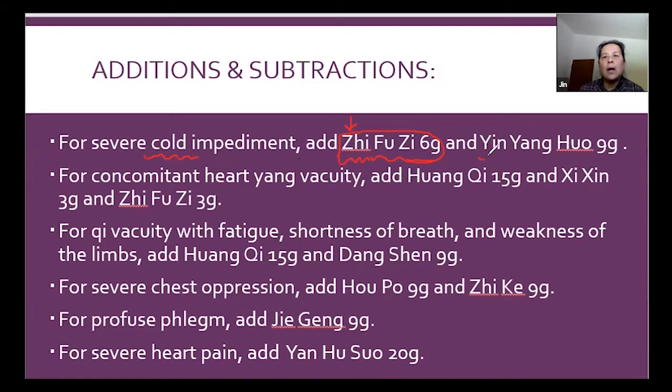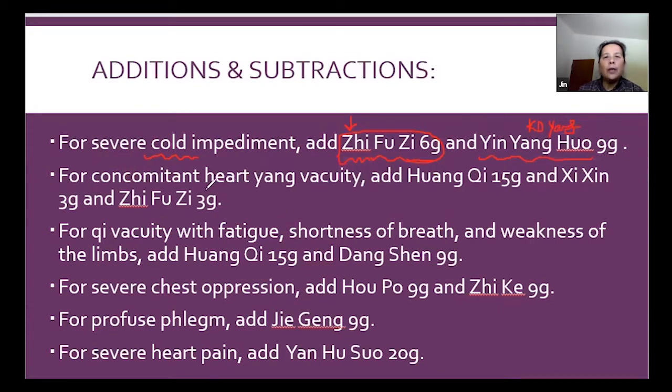And 淫羊藿, that's a kidney yang tonifying herb. We say all of our body's yang qi originally comes from kidney yang. So for people damaged by the cold, we need to tonify kidney yang.